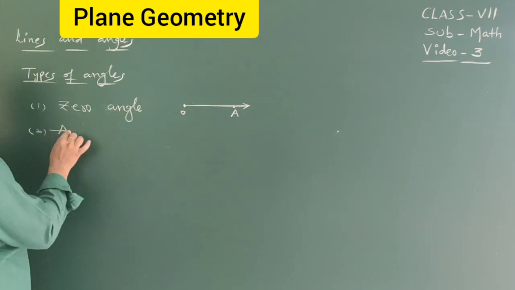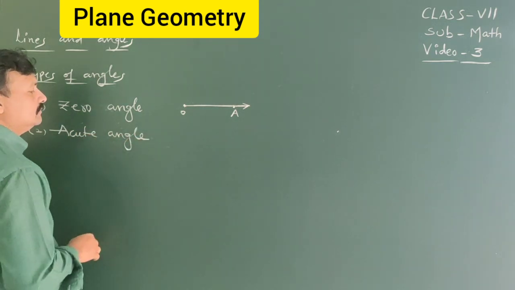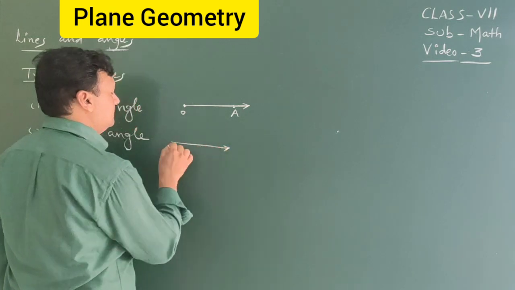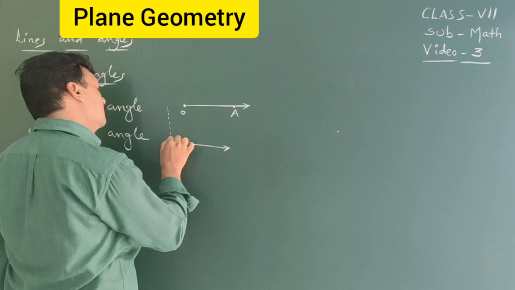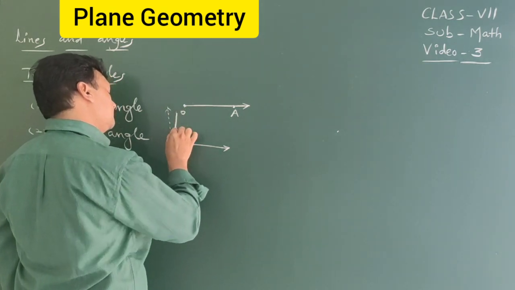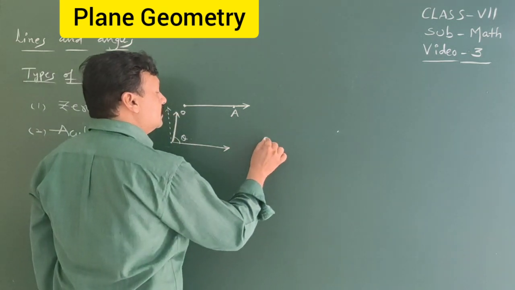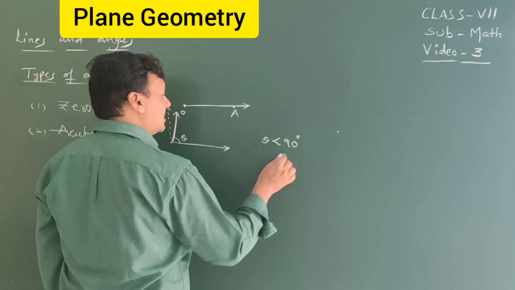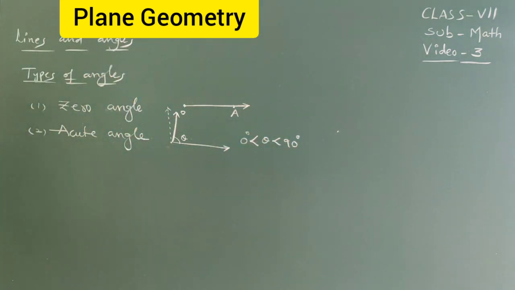Next, acute angle. Here the measurement of angle is less than 90. Here theta is less than 90 and theta lies between 0 and 90 degrees.